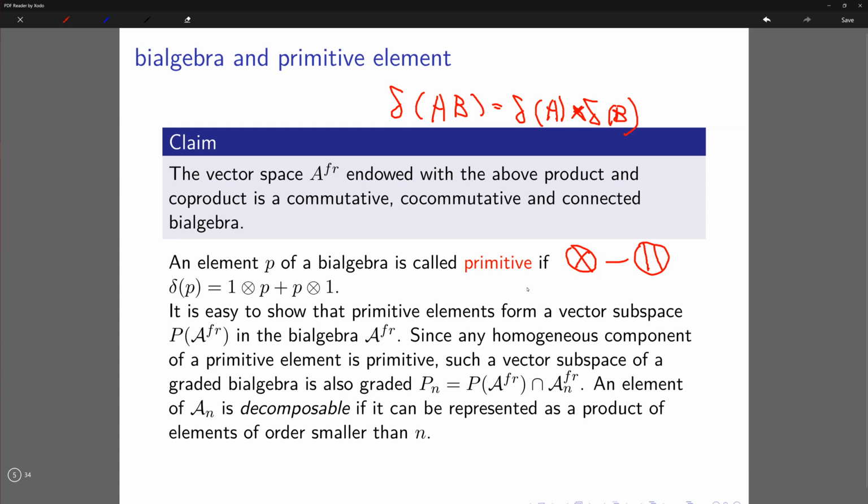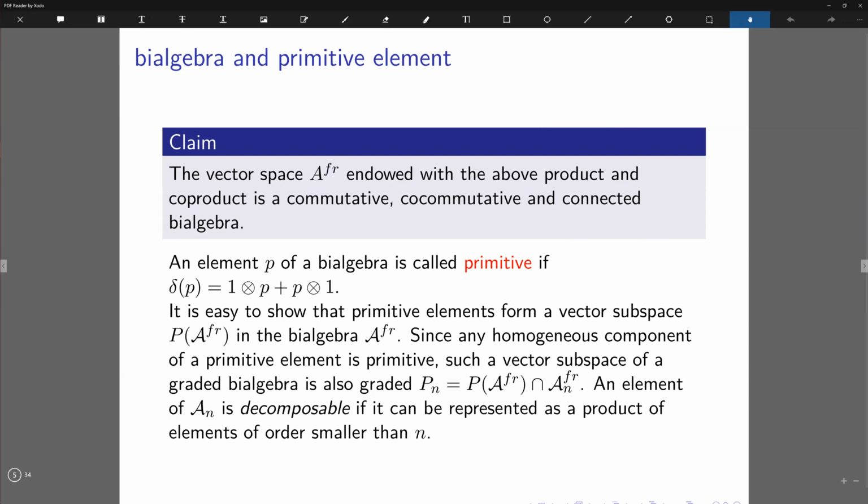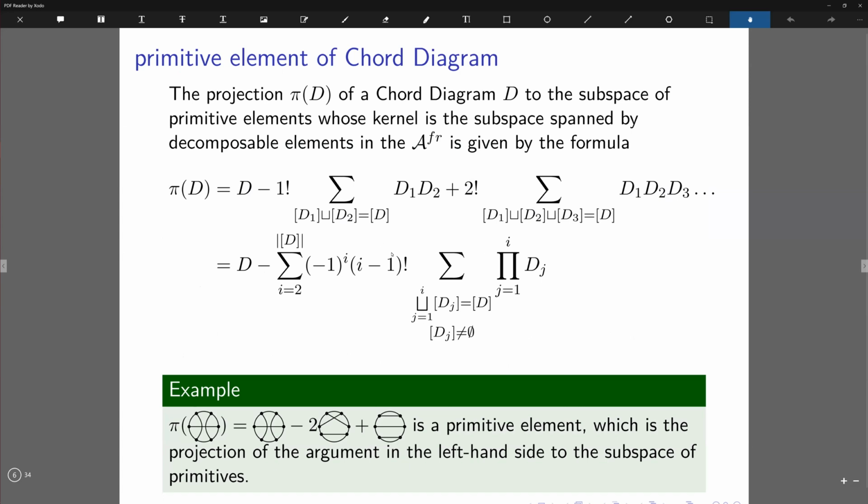If you check the coproduct of this chord diagram D minus this chord diagram, it actually satisfies the definition of primitive. And I want to say that the primitive elements form a subspace in the bialgebra of chord diagrams modulo the Fulton relationship.